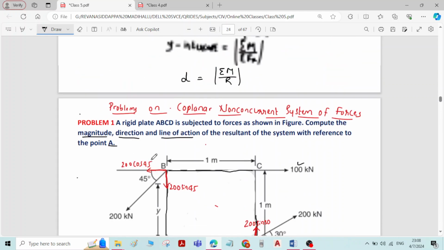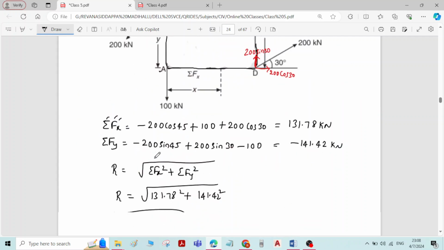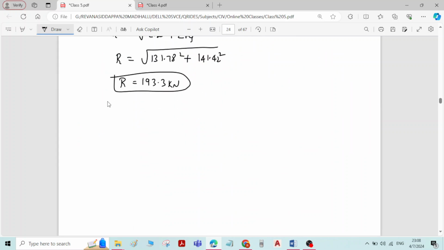Coming to the direction of the resultant force. Now magnitude is over. Next is to find the direction. So to find the direction, we have the formula theta is equal to tan inverse of sigma Fy by sigma Fx. Therefore, tan inverse of sigma Fy is 141.42 divided by sigma Fx is 131.78.